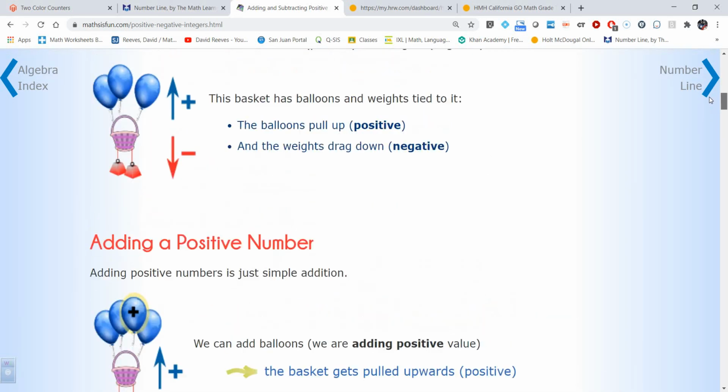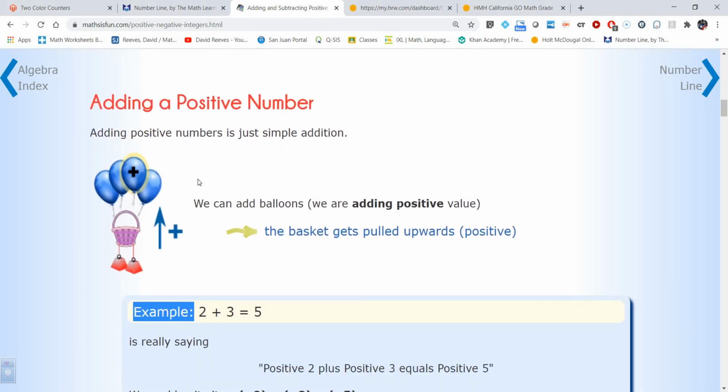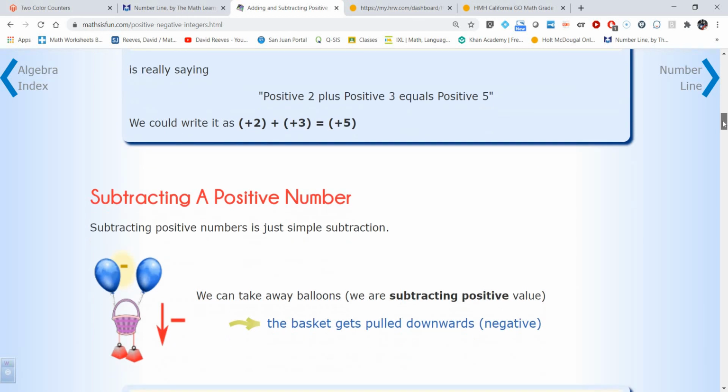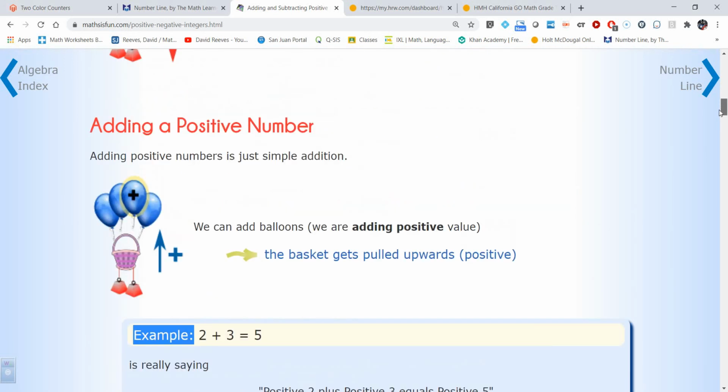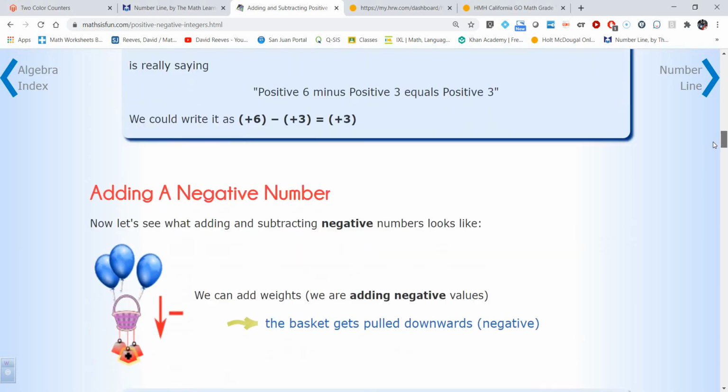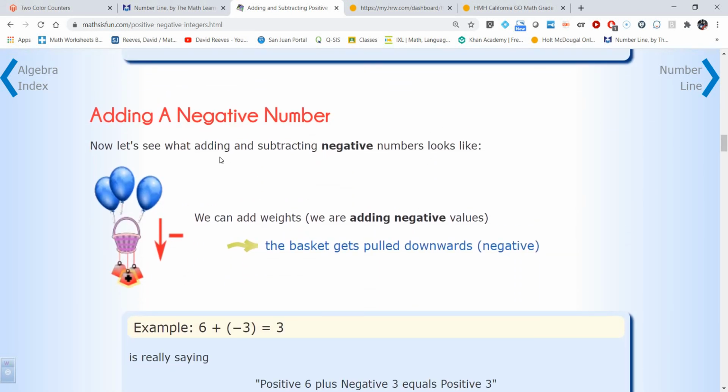Okay, if we go back to here, let's go through all 4 cases, okay? If we want to go up, we can add more balloons, okay? If we take balloons away, it's going to go down. So adding positives goes up, adding negatives goes down. All right, if we want to go down, we can add negatives.